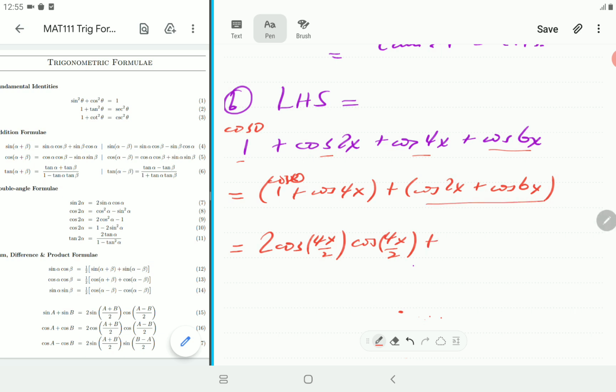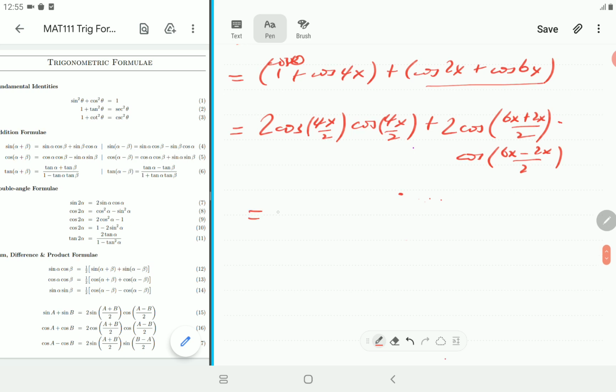Then with these two, we're going to have 2 times cosine 6x plus 2x over 2, and then the other one is going to be cosine 6x minus 2x over 2. So we now have here 2 cosine squared 2x plus 2 cosine, this is going to be 8 over 2, it's going to be cosine 4x. This is going to be cosine 2x.